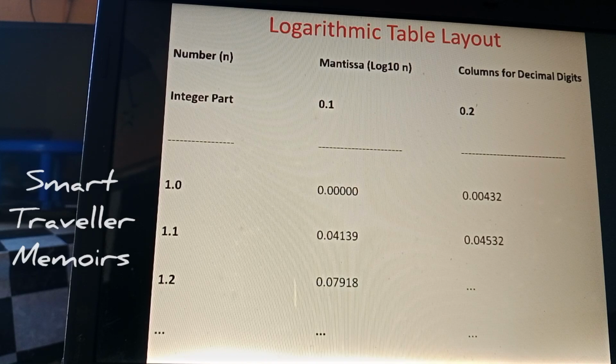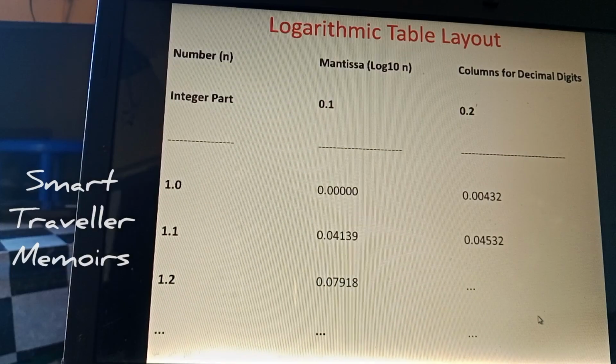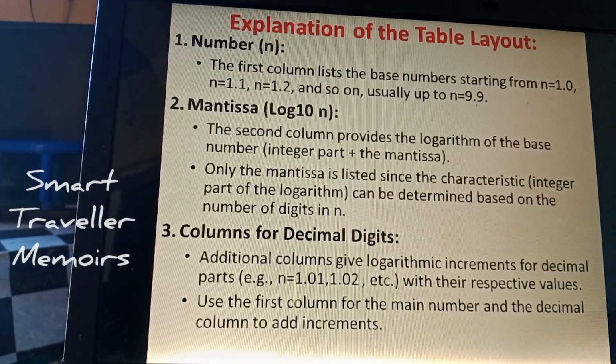Number, mantissa, columns for decimal. So that is the layout. Explanation.